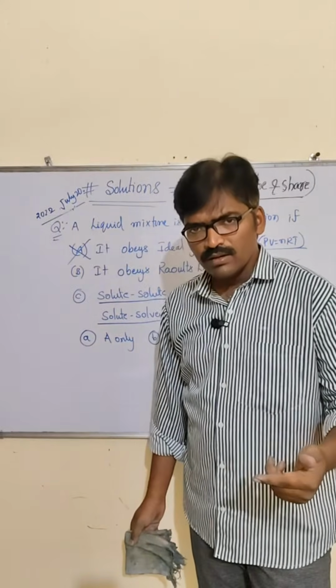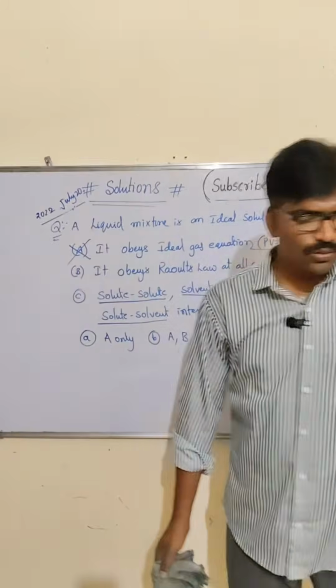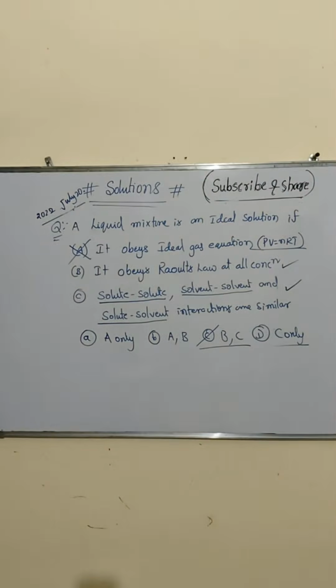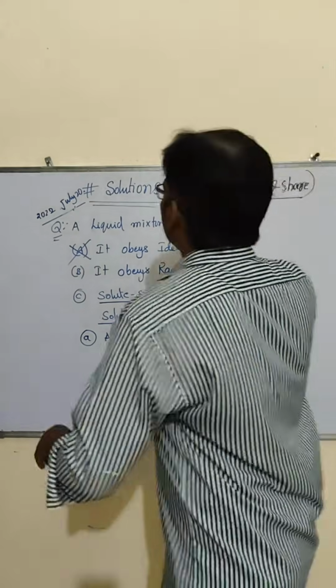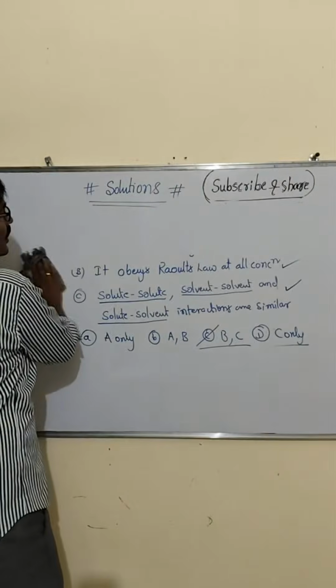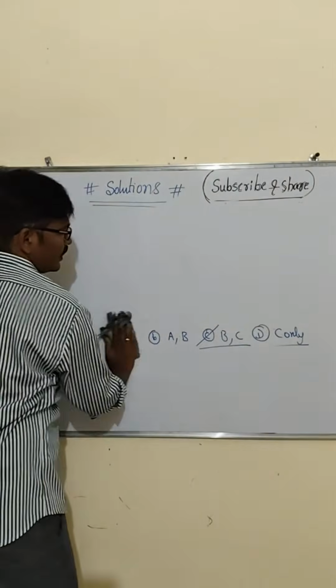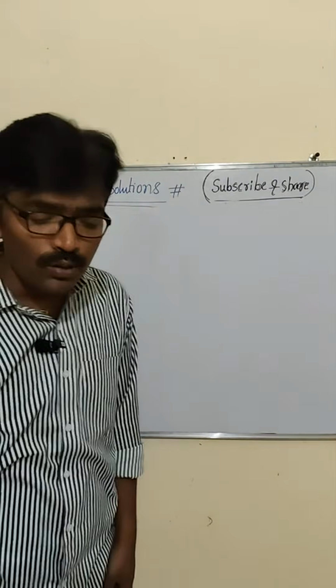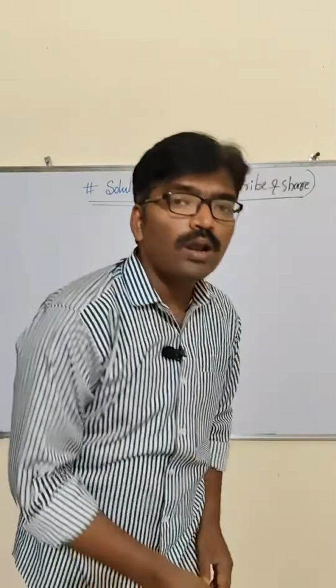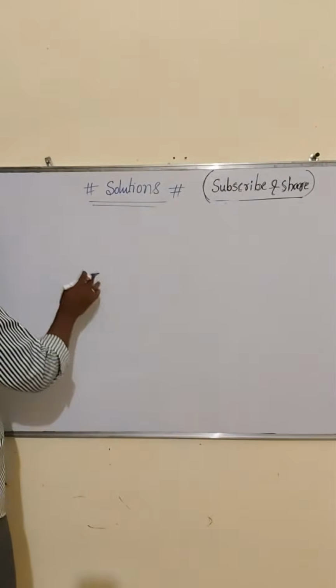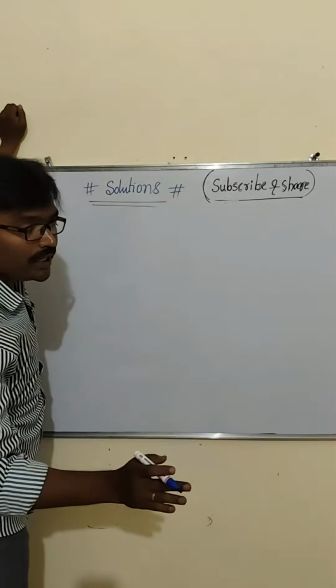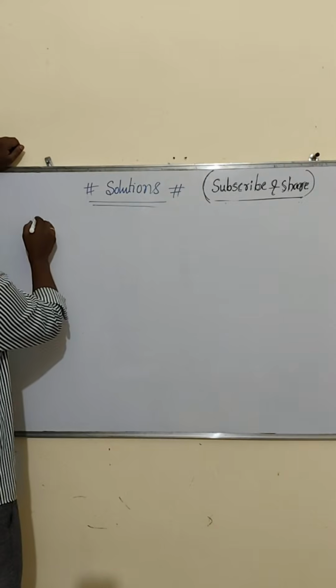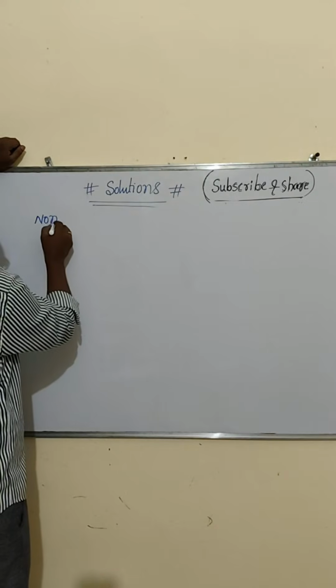Then after, colligative properties also we have to discuss, based on what type of questions they have given. So look, my dear students. Next we have to discuss non-ideal solutions, with the positive and negative deviations.